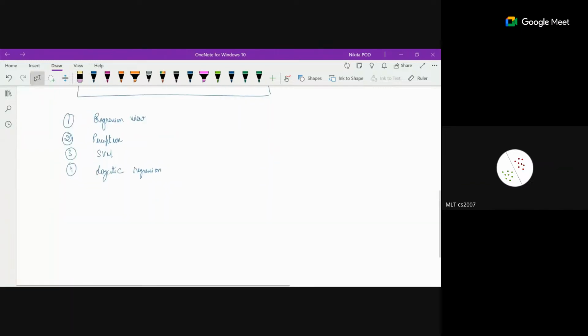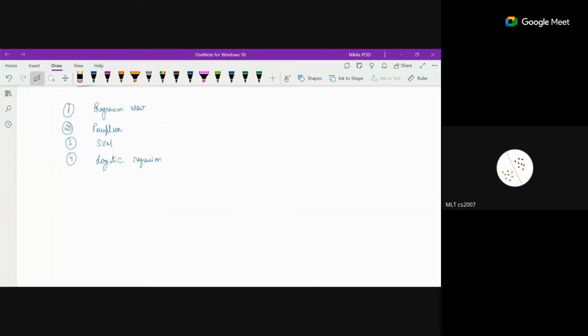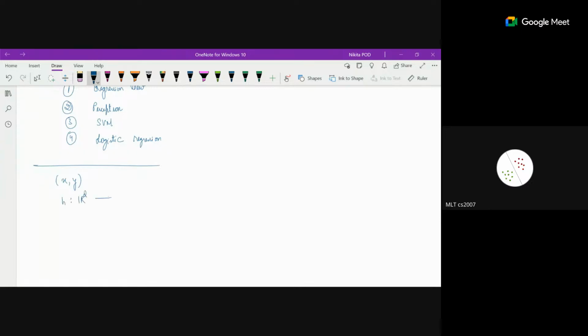So if we look at any single data point, let's say I have some x and some y. Then what we are trying to do is, we have some h which is mapping from R^d to plus or minus 1.